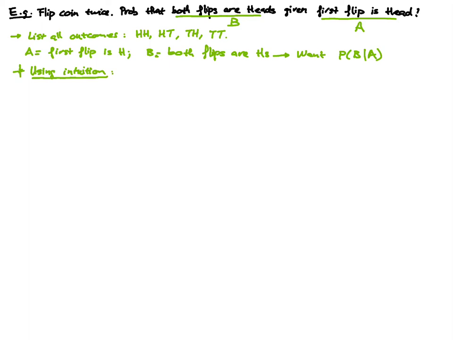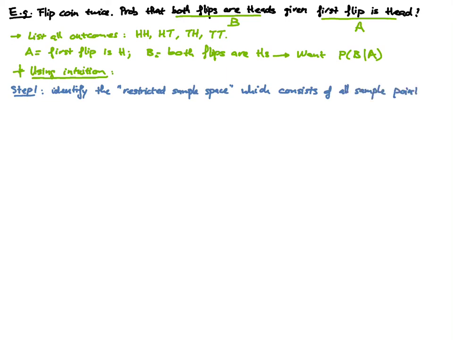So when we want to do this problem using intuition, you want to first identify what's called the restricted sample space, which consists of all sample points in the event that is being conditioned on.